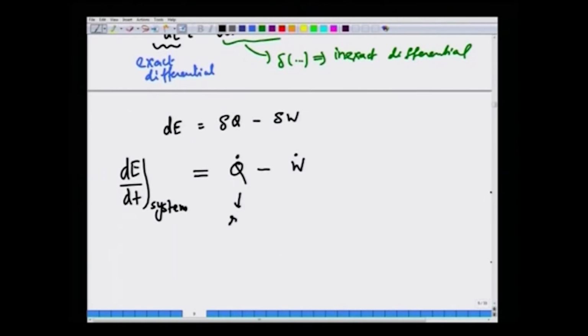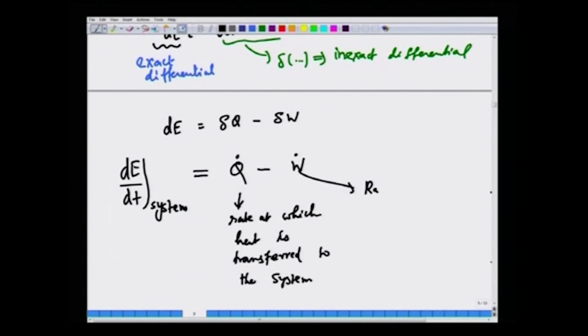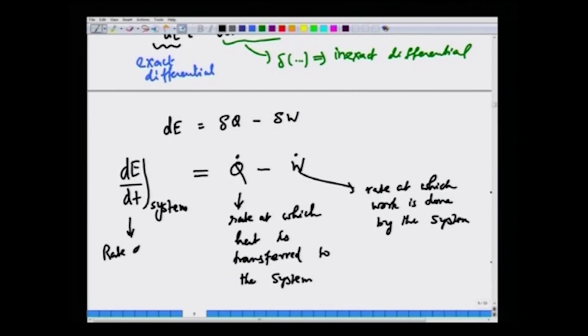So Q dot is the rate at which heat is transferred to the system, and W dot is the rate at which work is done by the system. This is the rate at which energy of the system changes with time, the rate of change of energy of the system.